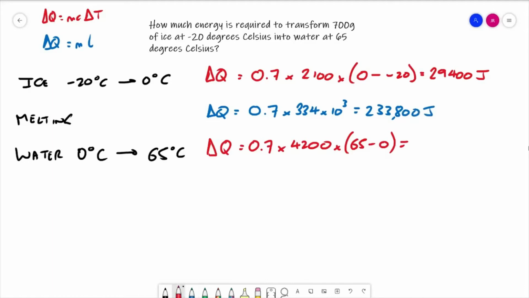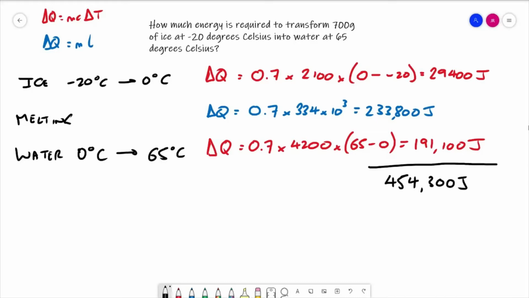And then for the water bit, we end up with 191,100 joules. When we add those all together then for the total energy, what we end up with is 454,300 joules, and of course I'm not going to leave it as that.